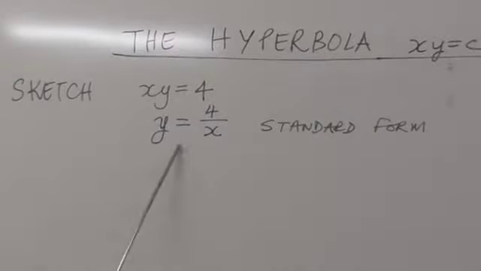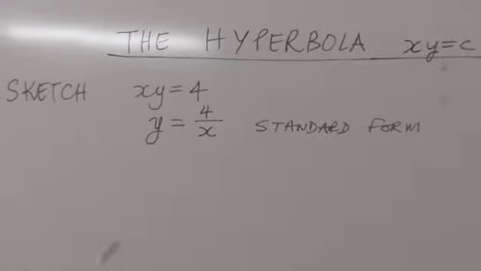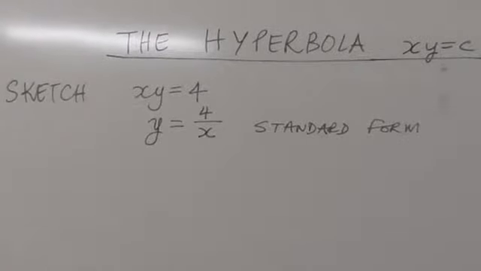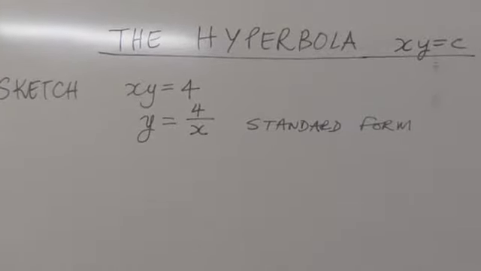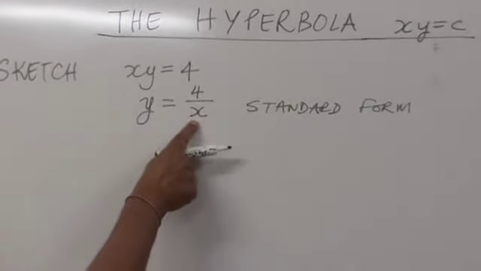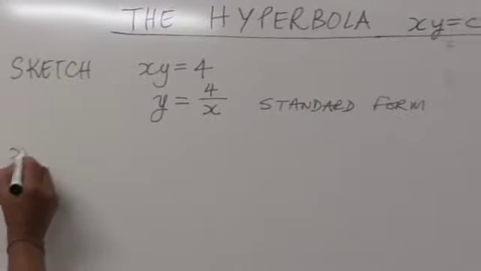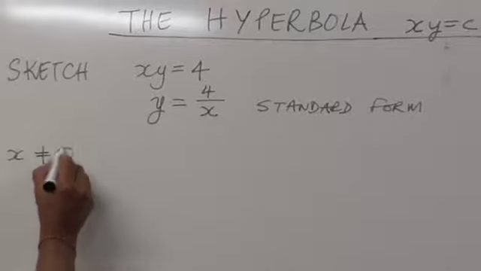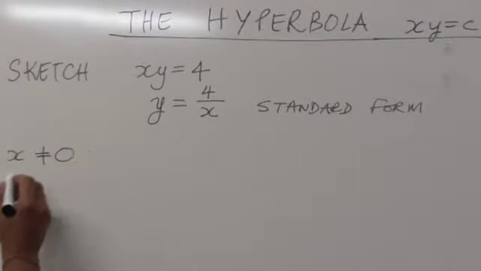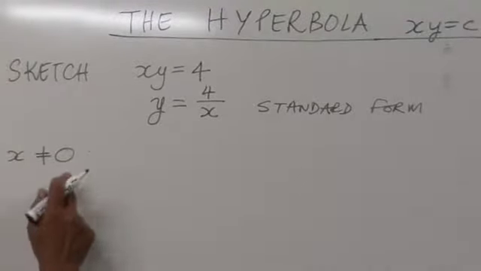So now we got it in standard form and we want to draw the graph. This graph can only be drawn by using ordered pairs. But before you start using the ordered pairs, you have x in the denominator. Because x is in the denominator, you're going to say that x is not equal to 0. So this becomes the asymptote.